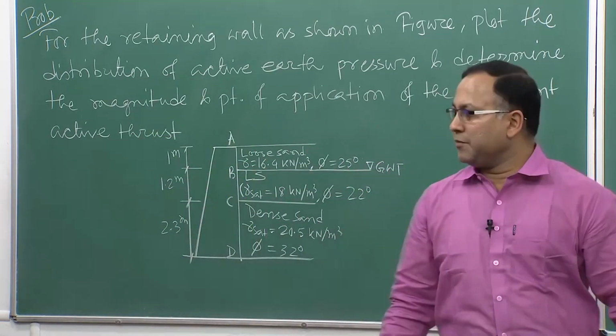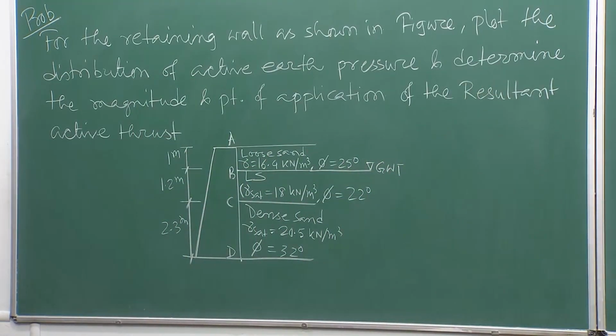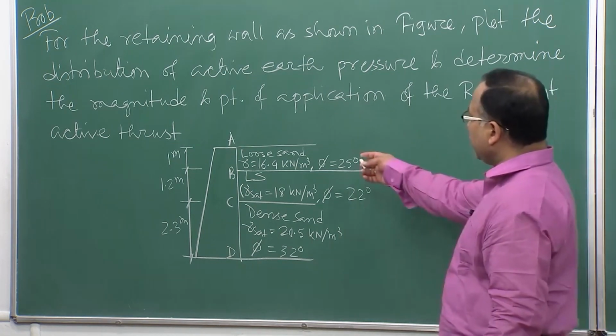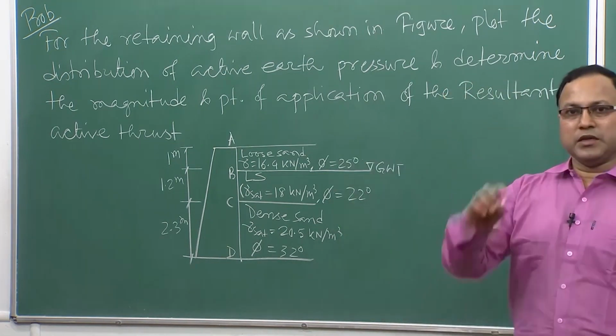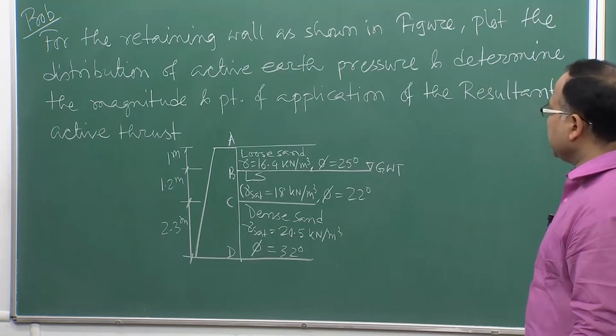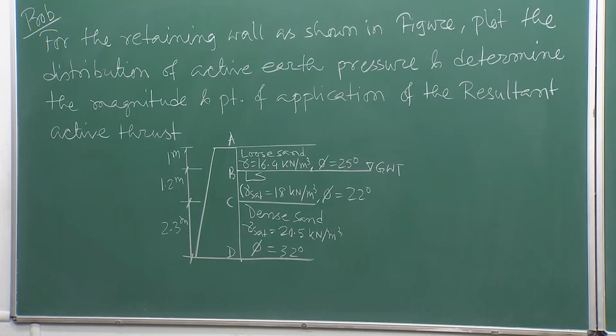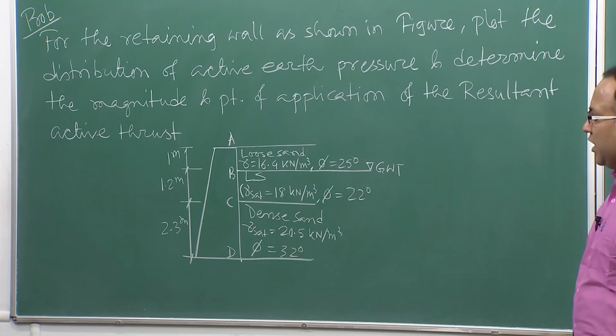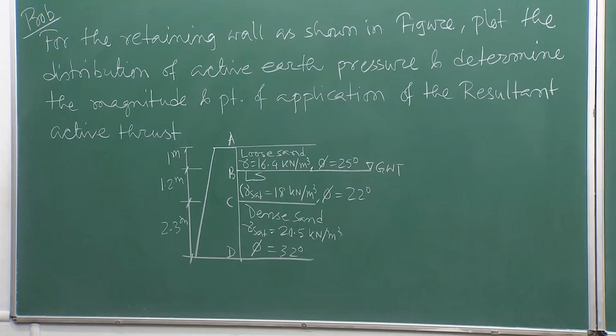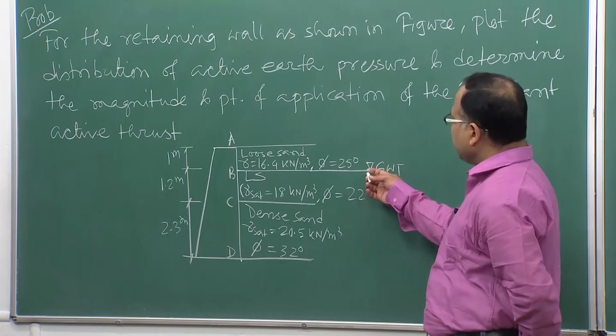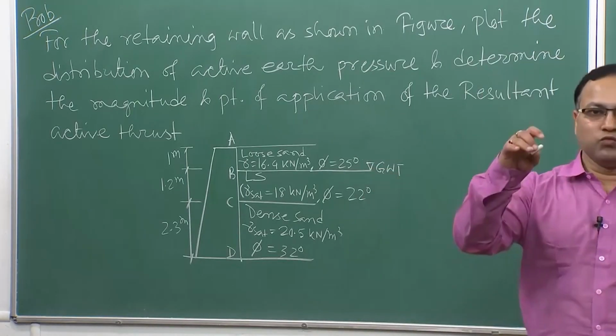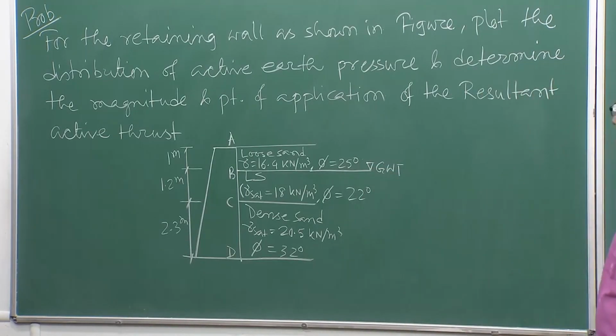Okay. So, you have the retaining wall like this, and you have 3 layers of backfill. The first layer, that is the top layer, is loose sand, which has a depth of 1 meter, and this loose sand has unit weight 16.4 kilonewton per meter cube and phi equal to 25 degree, and here is the groundwater table, that means the groundwater table is at 1 meter below the ground level.